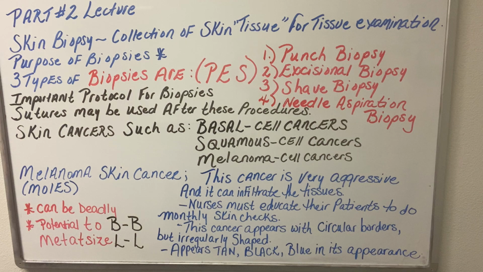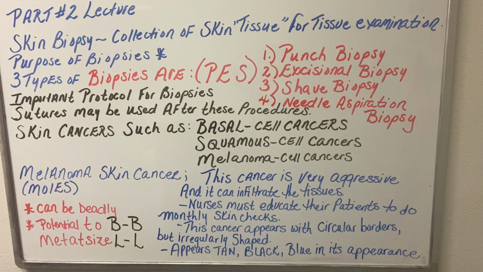So the punch biopsy, the excisional biopsy, and the shave biopsy are very different types of biopsies in their procedure, and in why they use a punch biopsy versus sometimes an excisional, or they may just simply use the shave.